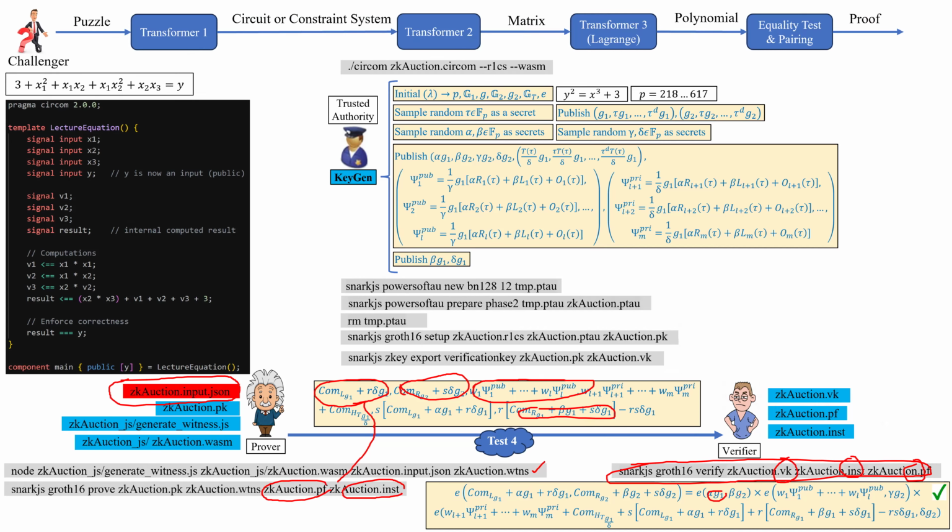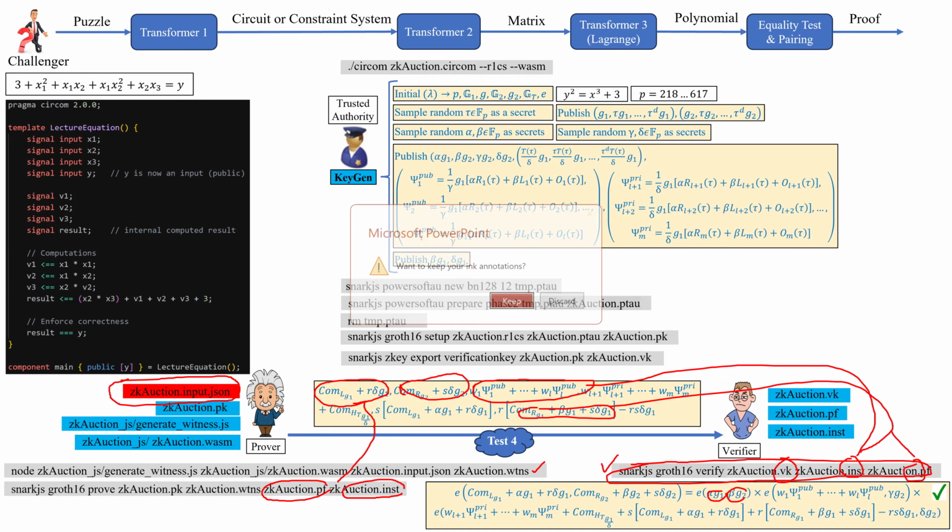So these values are recorded in the verification key, and these values are the proof, and then this line runs the pairing computation and checks whether these pairing values are equal to each other or not.